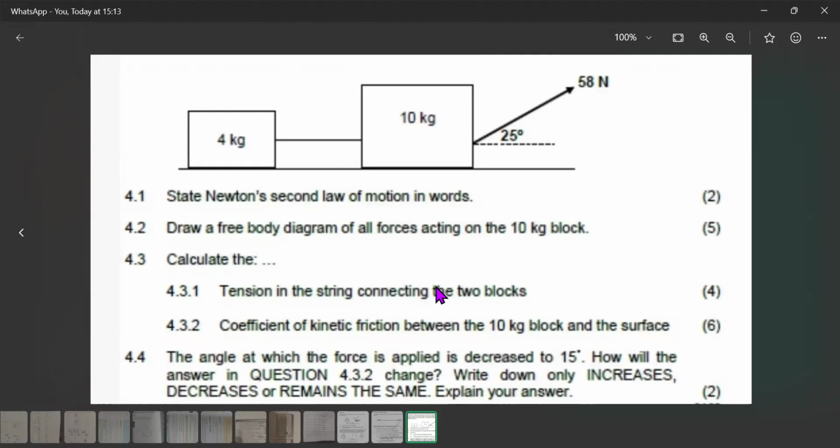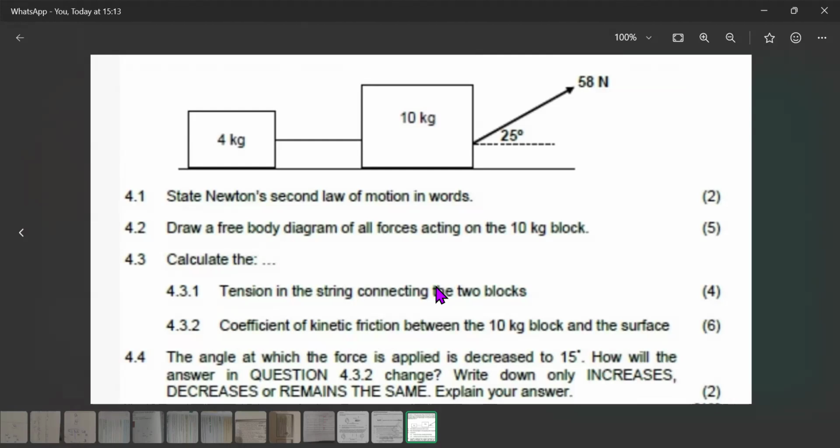do what? That's a very good question. Because if you decrease an angle, the normal force is going to increase. And if the normal force increases, then it means the kinetic frictional force will increase as well.